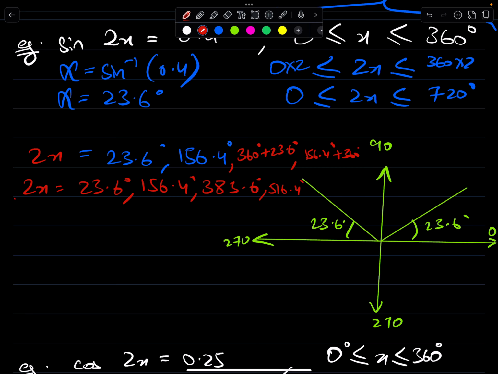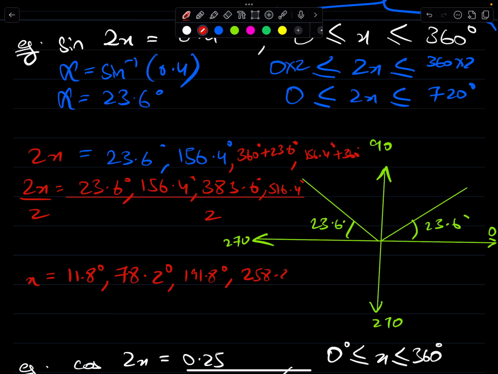We will divide everything by 2, and thus we have x is equal to 11.8 degrees to one decimal place because it's in degrees, 78.2 degrees, 191.8 degrees, 258.2 degrees.